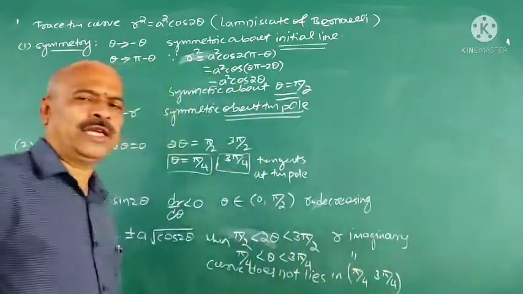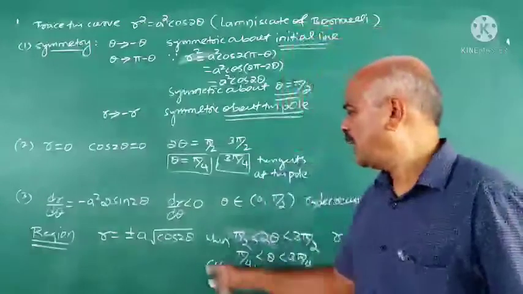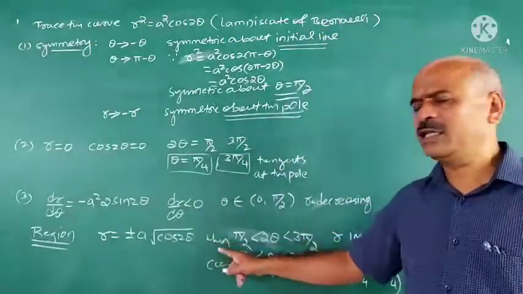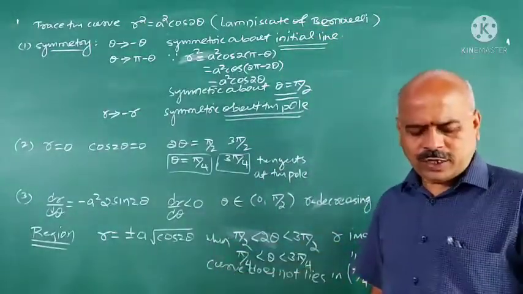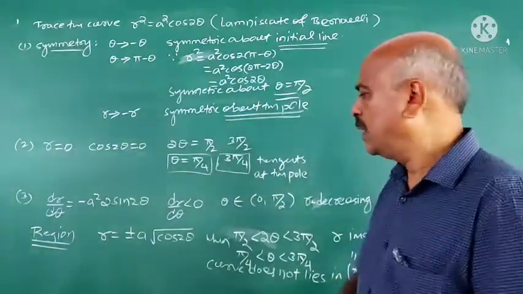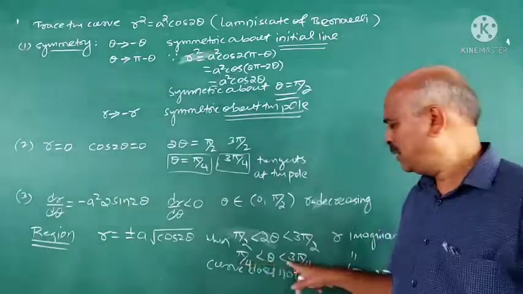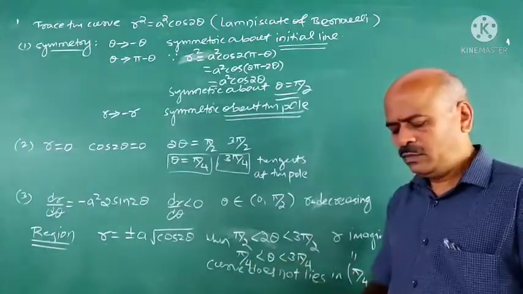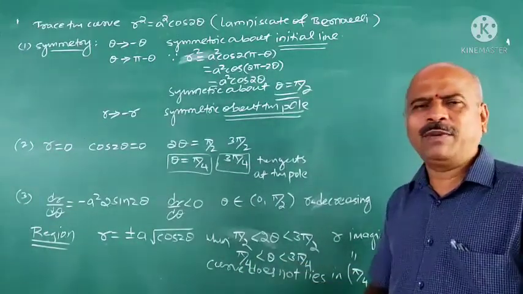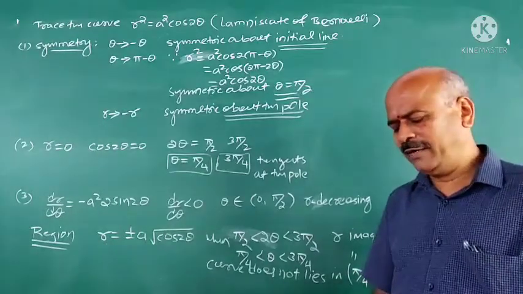No branch of the curve exists, because r becomes imaginary. This is a very important thing. Now we consider some values here. You know the lines theta is pi by 4 and 3 pi by 4. In between pi by 4 and 3 pi by 4, the curve doesn't lie.